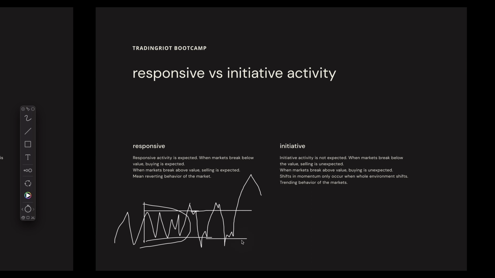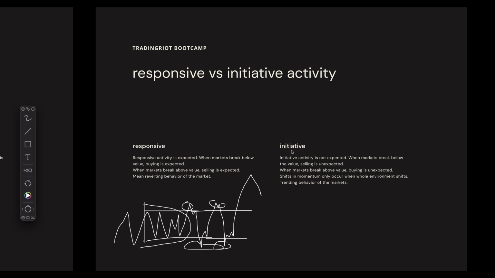So this is your responsive activity, which is often expected, and this is the initiative activity, which is not expected. When markets break below the value, selling is unexpected, and when markets break above the value, buying is unexpected. Shifts in momentum only occur when the whole environment shifts. Trending behavior of the markets. Markets are usually in range rather than in trend.